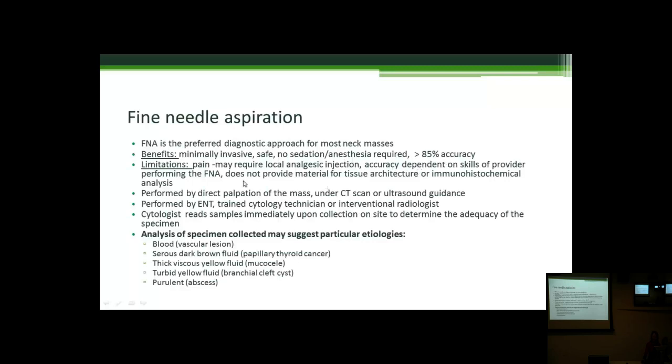It is fairly accurate, depending on the skill of the provider collecting the sample. It should be done by direct palpation, and sometimes they use CT to help guide where it's located and how far they should use the needle to aspirate.